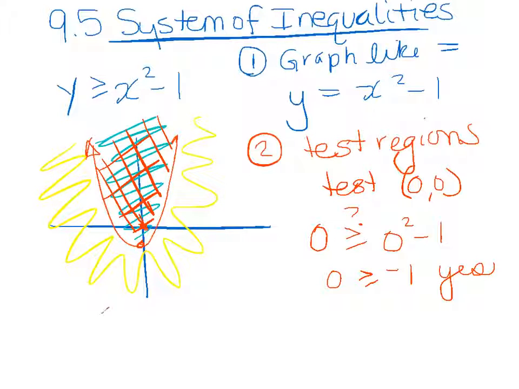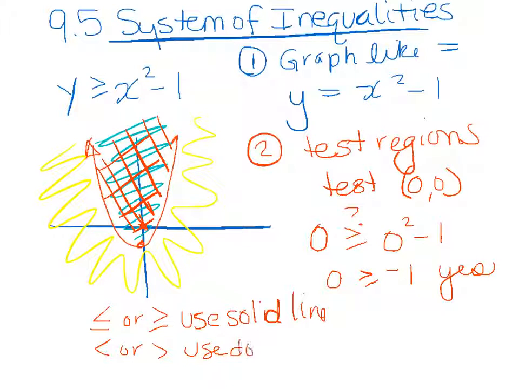So for greater than or equal to, or less than or equal to, you use a solid line, remember? If you just have less than, or you just have greater than, you use a dotted line. That way you know whether or not points that are on the line belong in the solution. Okay, let's try another one.